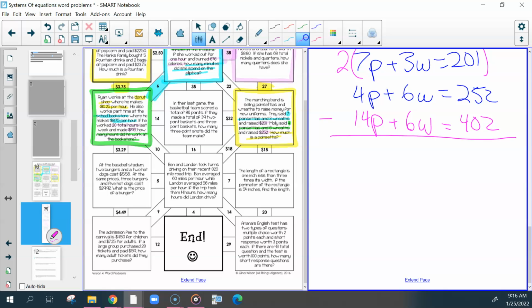4 minus 14 would give us negative 10. Our W's would cancel. Someone subtract 252 and 402 and tell me what it is. And divide both sides by negative 10.